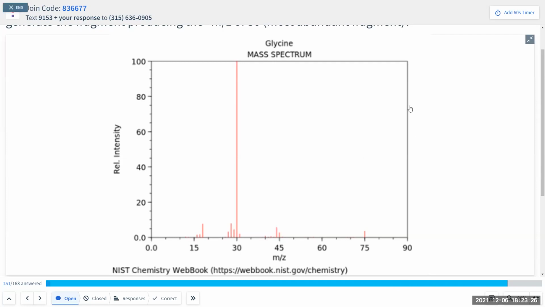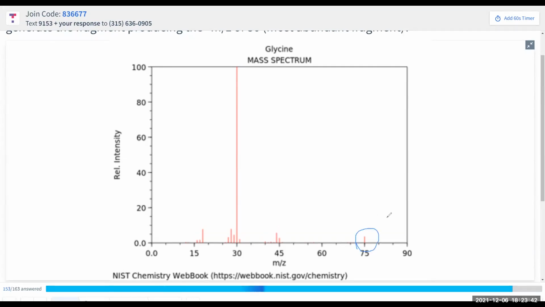So to do this, what we need to know is the molar mass of the compound. What's the molar mass of this compound according to the mass spectrum? 75. So that is given by this peak over here, the peak furthest to the right. The peak corresponding to the highest mass gives you the molar mass.